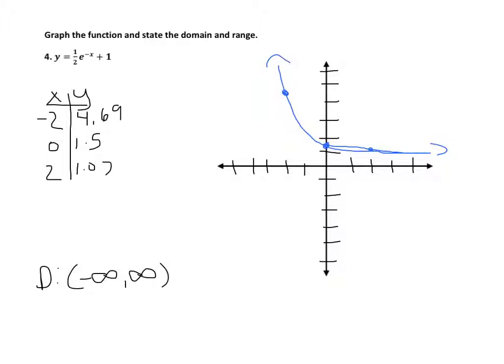And the range is y is greater than k. It's greater than, not equal to, so it's never going to equal that. So it's 1 to infinity because k is 1. Okay? Let's try another.